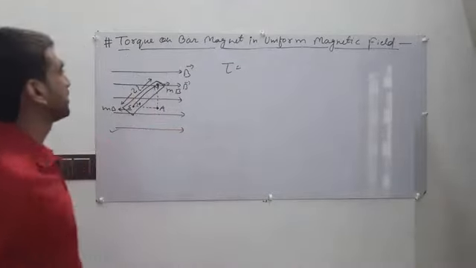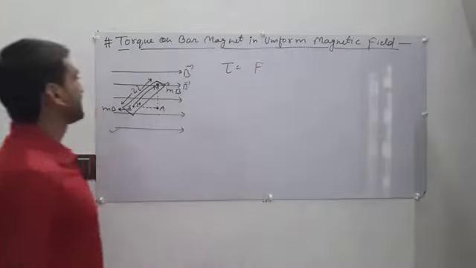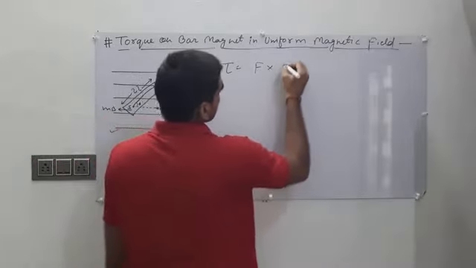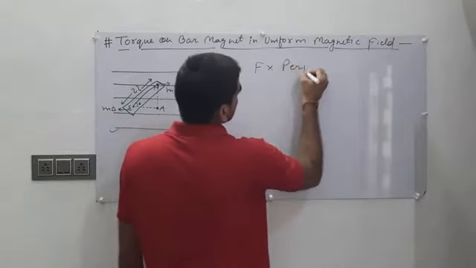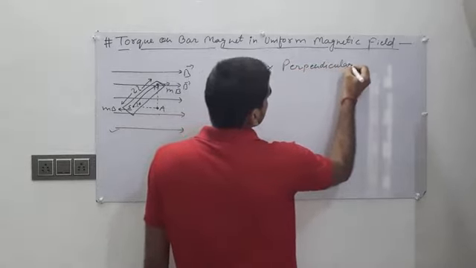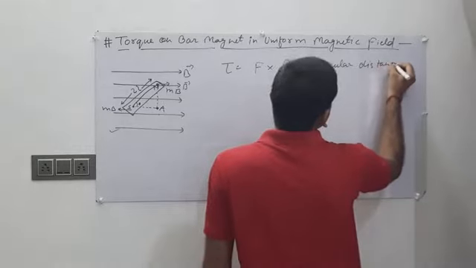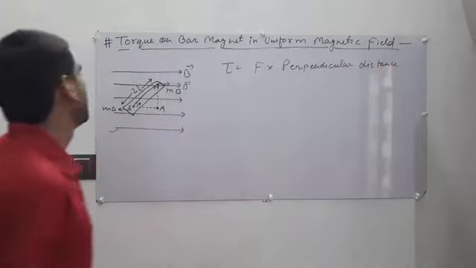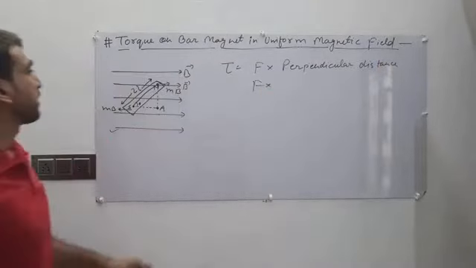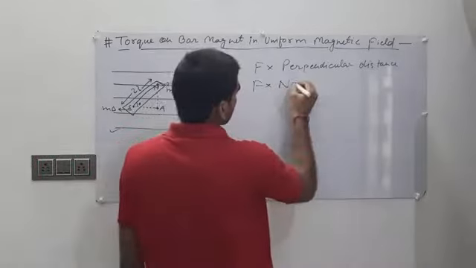The torque is the force acting on either pole into the perpendicular distance. That means F into the perpendicular distance, which is NA. The perpendicular distance is NA.